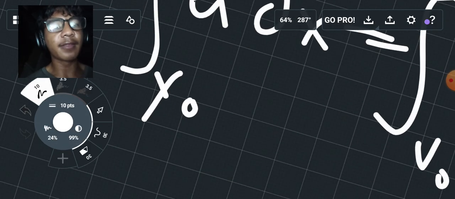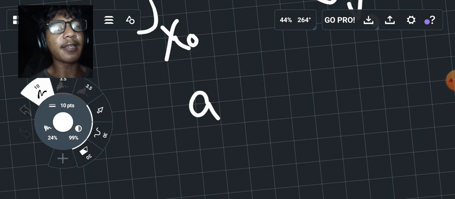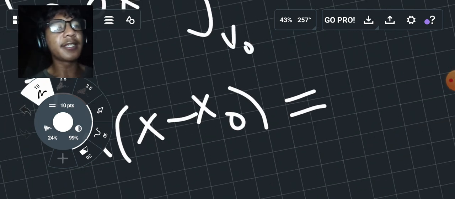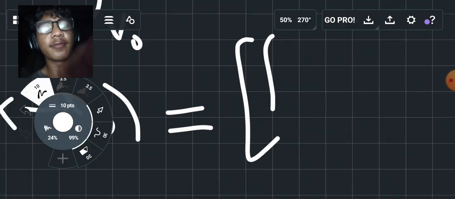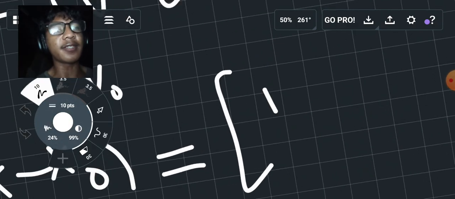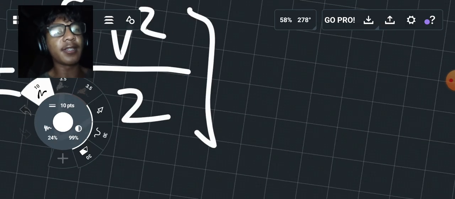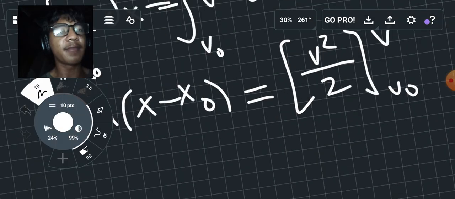Okay, so now we have a times x minus x naught equals, well, what is the antiderivative of v? That's v squared over 2. And let's evaluate it from v naught to v, the final velocity.